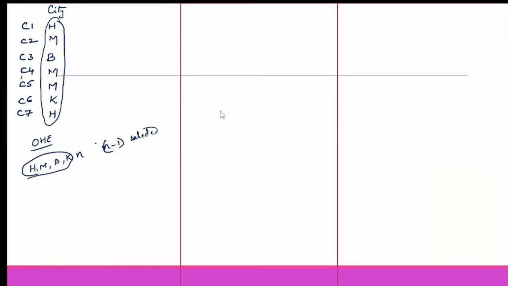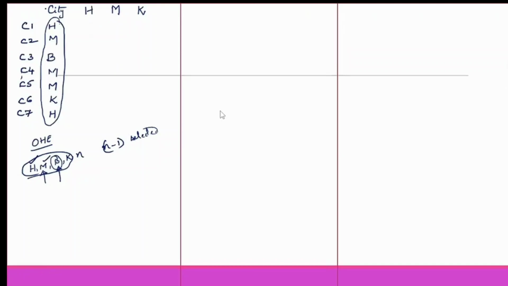Probably the first one, which is alphabetically B, or the last one, which is M, can be dropped by default. Okay. Let's assume that the first one is dropped. Now what will happen? Hyderabad is created as a new column name. Mumbai is created as another column name. Kolkata is created as another column name.